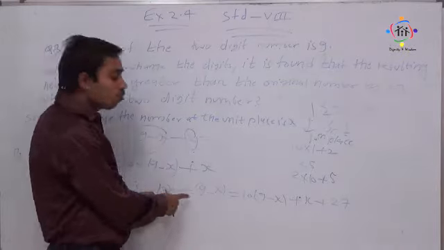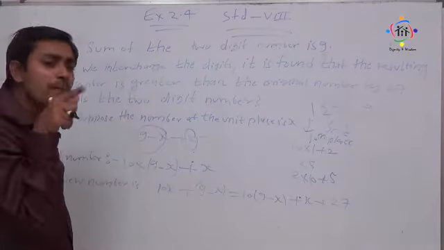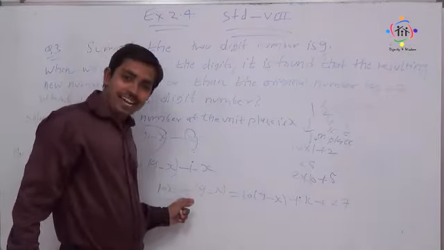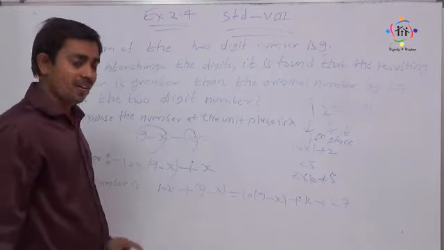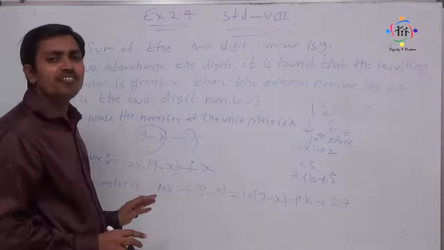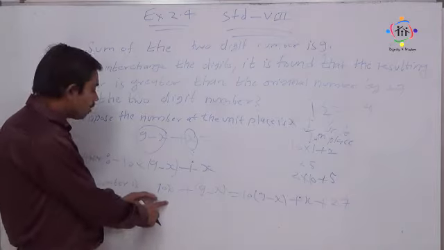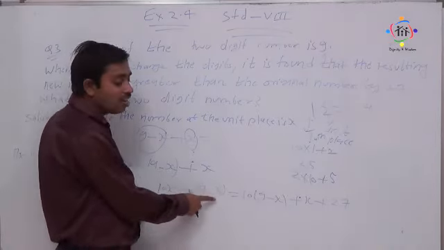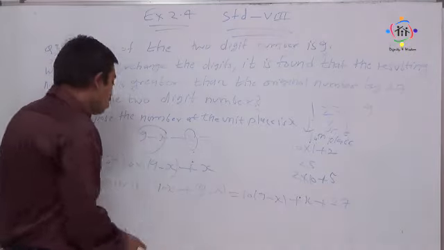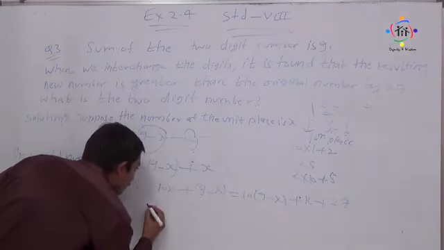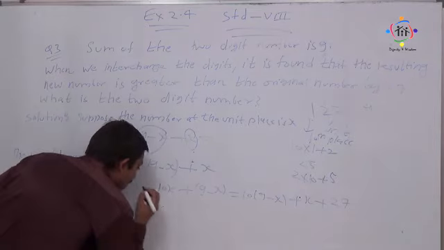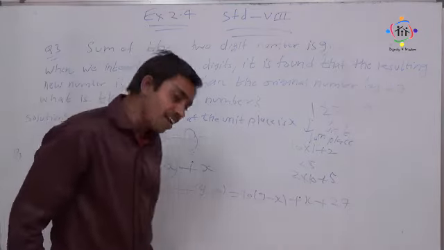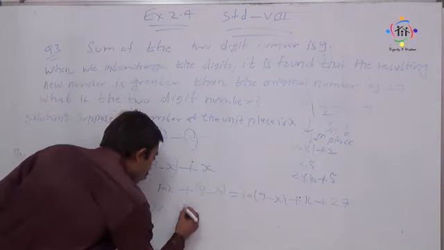There is a plus sign outside, so there is no meaning of the bracket. If there is a plus sign outside of the bracket, there is no meaning of the bracket. So directly we can do subtraction of the variable. Obviously variable is subtracted from variable, constant with constant. So 10x minus x, what will come, my dear students? 9x. 10x minus x is 9x. So here, what remains constant now?